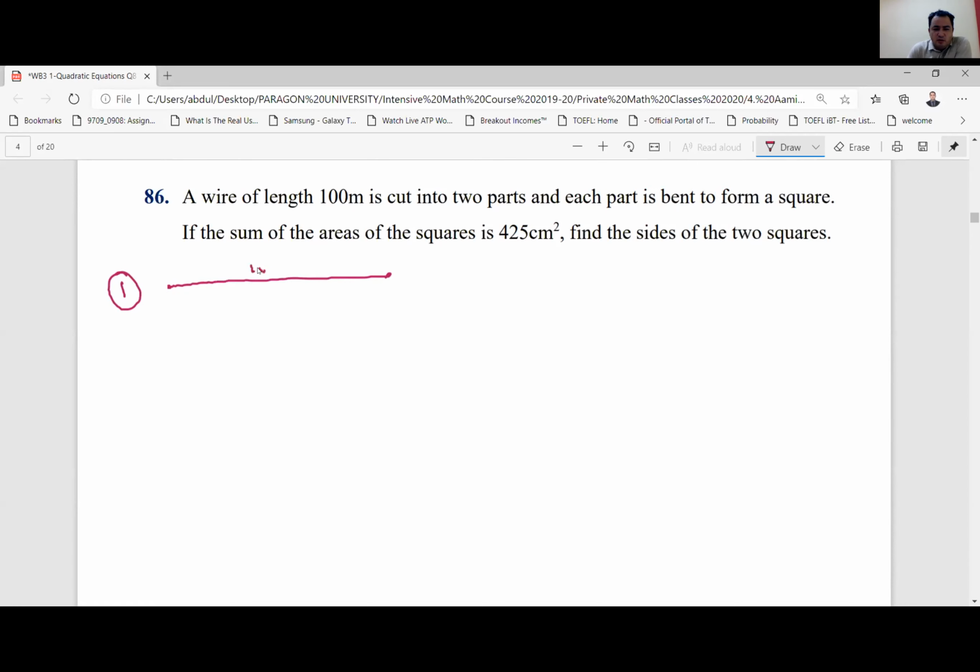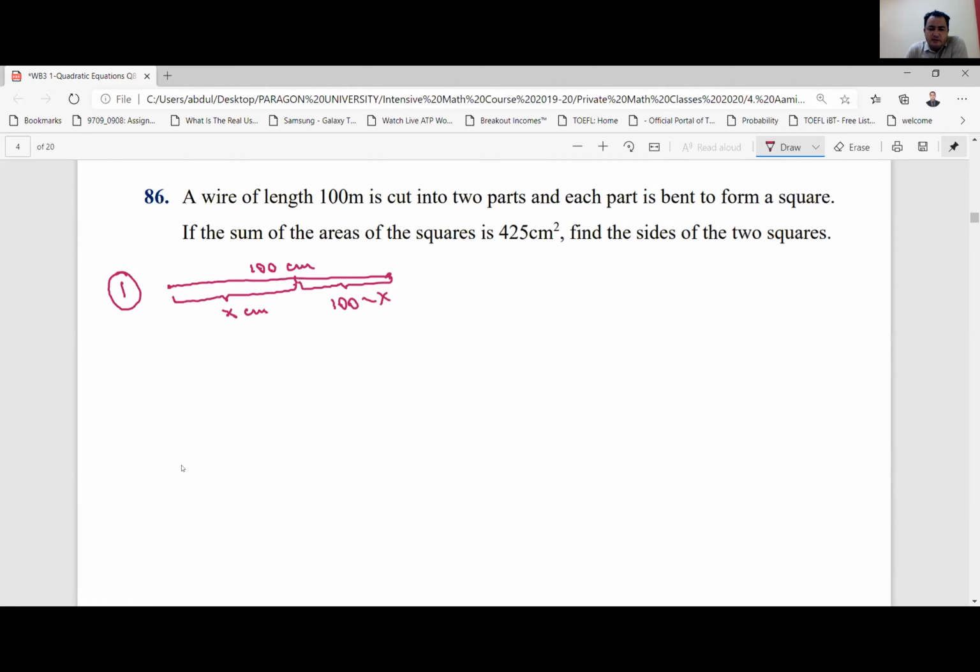So that is 100 centimeters, right? We just cut it into two pieces. If the first part is, let's say, X centimeters, then what will be the next part? You wrote Y, right? Why don't you just label it as 100 minus X?